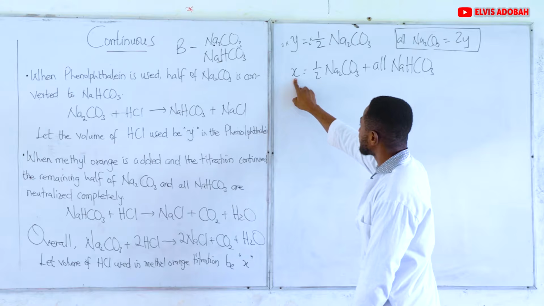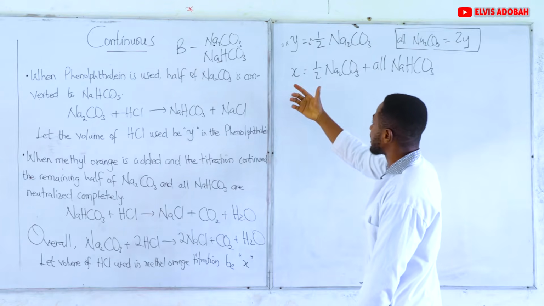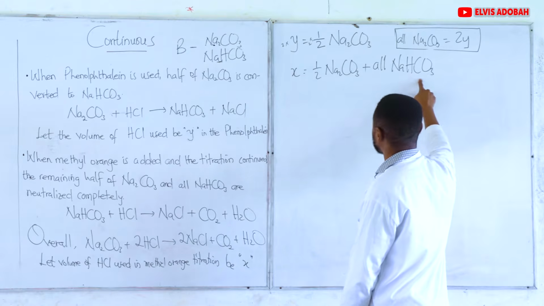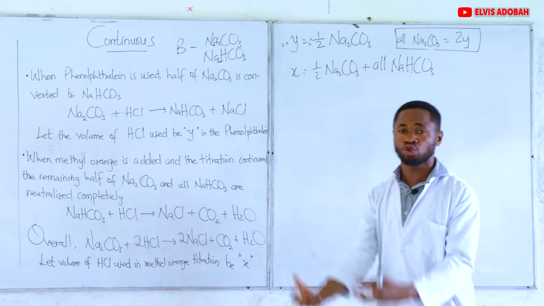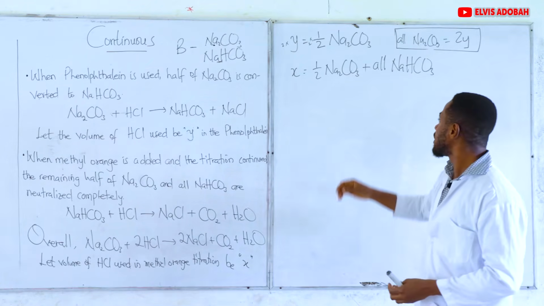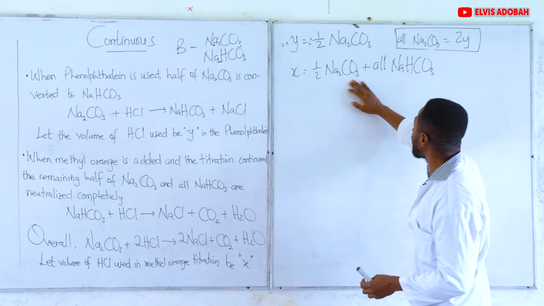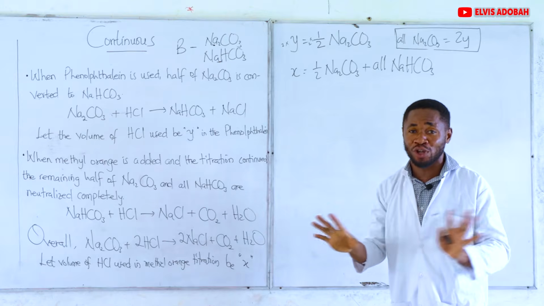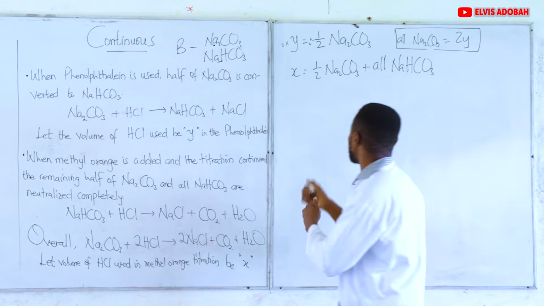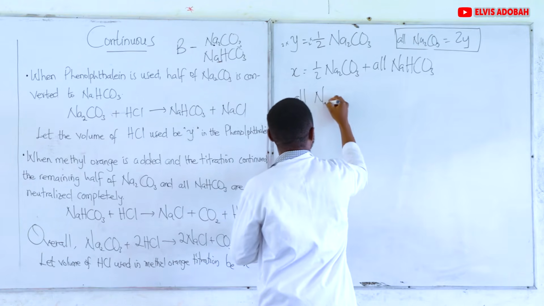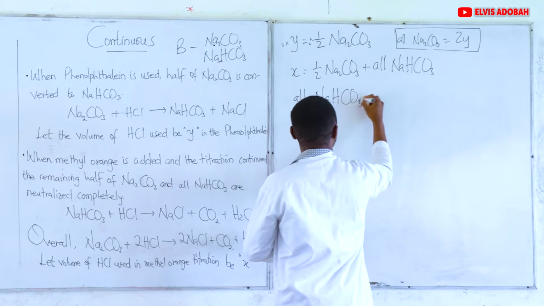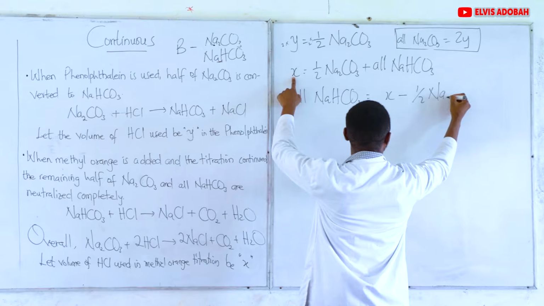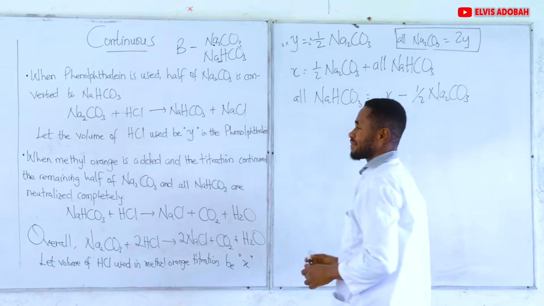X is the volume of acid that was used to neutralize the remaining half of sodium carbonate and all sodium bicarbonate. So if we want to know the volume of acid that will be used to neutralize all sodium bicarbonate, we just have to make all sodium bicarbonate the subject. So all sodium bicarbonate is equal to X minus half sodium carbonate.